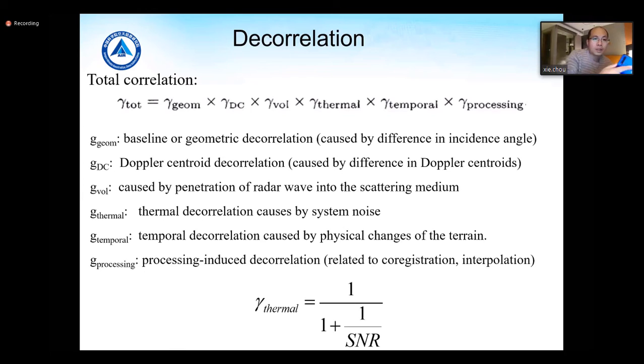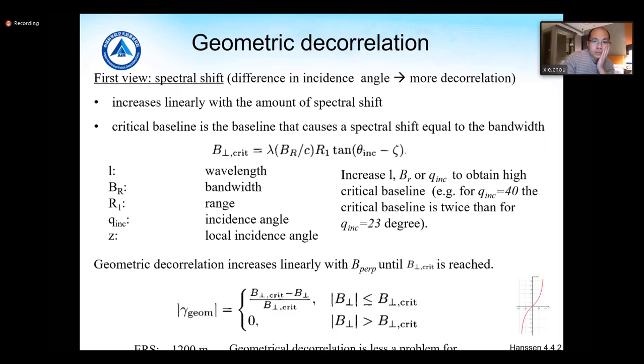Totally, the correlation is related to the baseline or geometric decorrelation, the Doppler centroid decorrelation, and the penetration of the radar wave into the scatter medium, and the temporal correlation. Here are given indicators of geometric decorrelation.